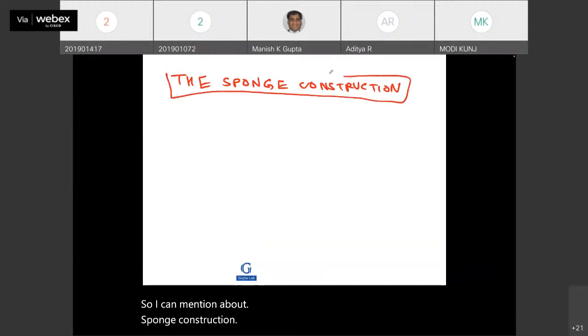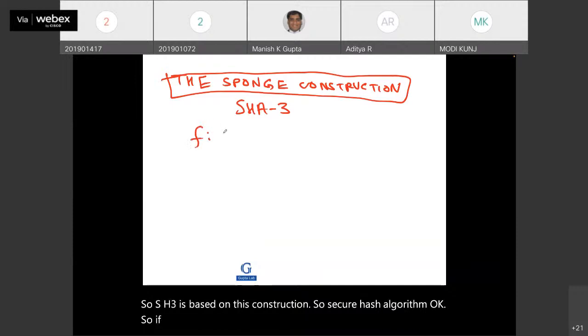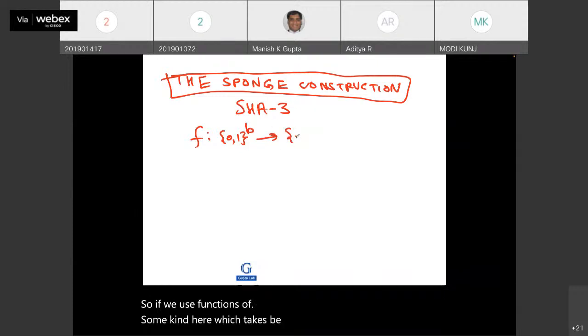SHA-3 is based on this construction. We use functions here which take b input bits to b output bits, and these are bijective functions, meaning one-to-one and onto functions.